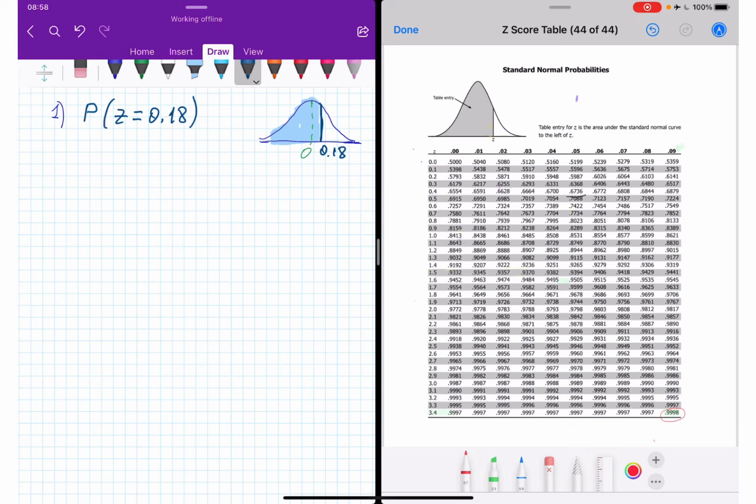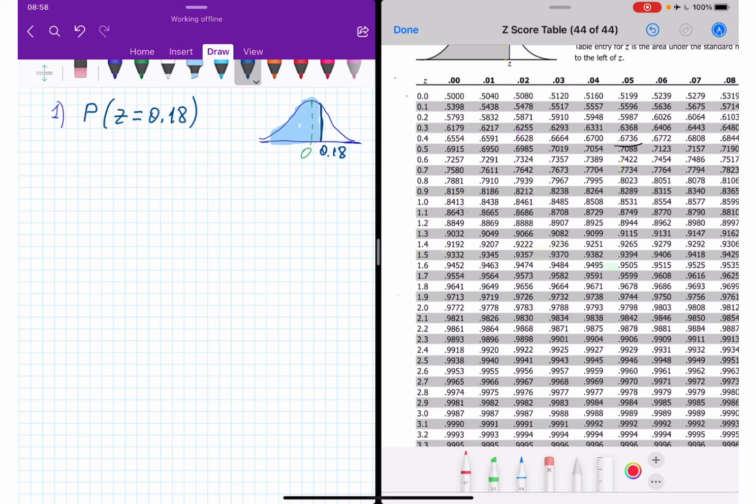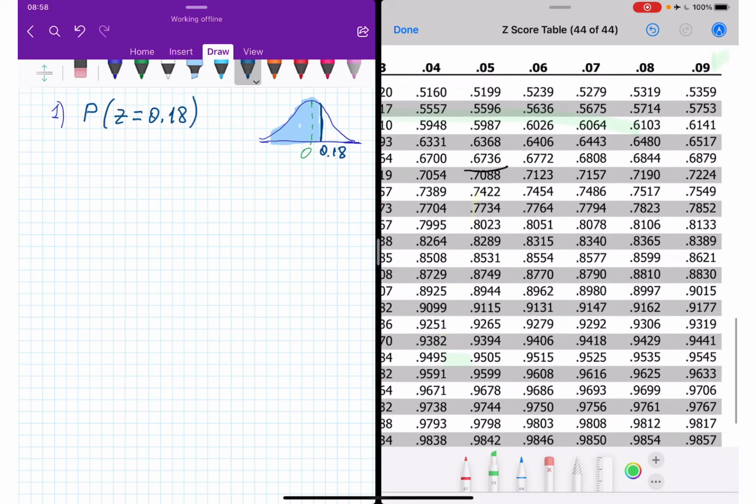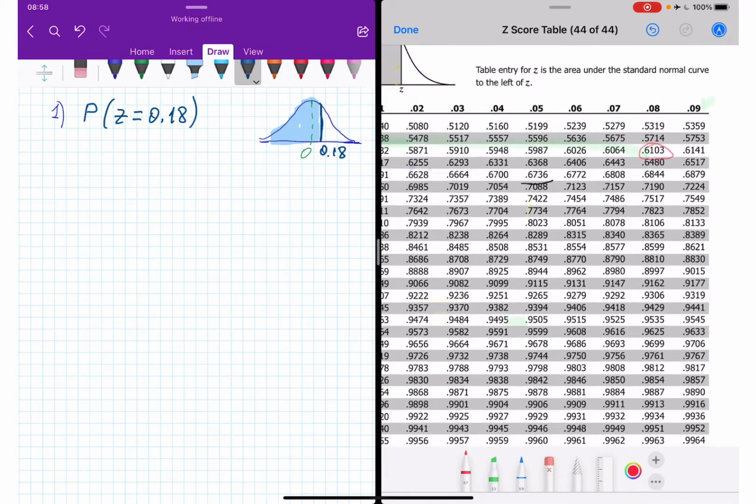Okay, so 0.18, since it's positive, we are moving to the positive page for the z-score. So 0.18 is going to be 0.1 and going all the way to 8, which is here. 0.8, we get 0.6103.